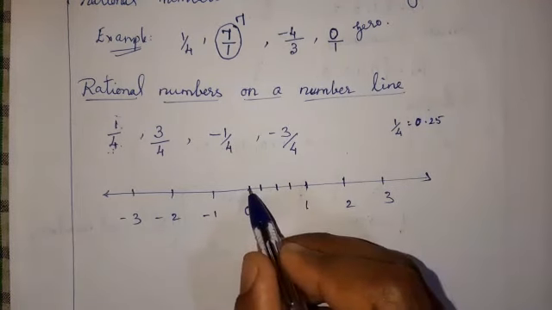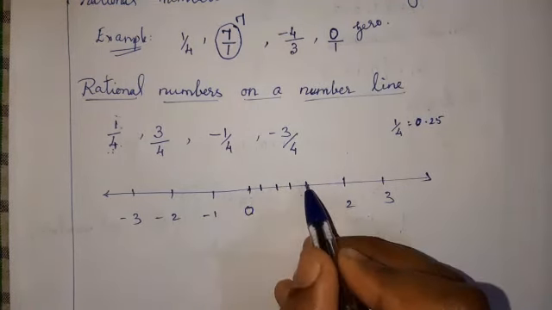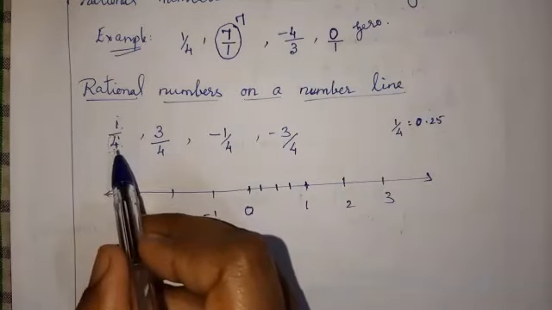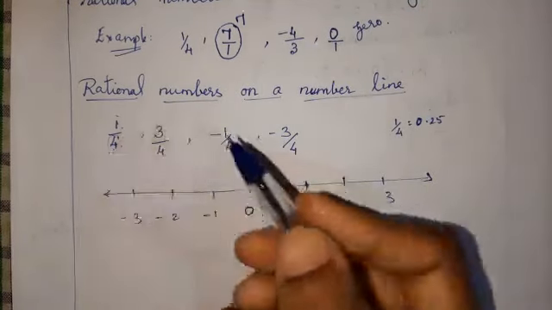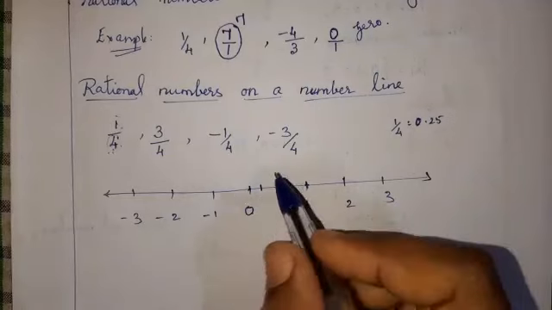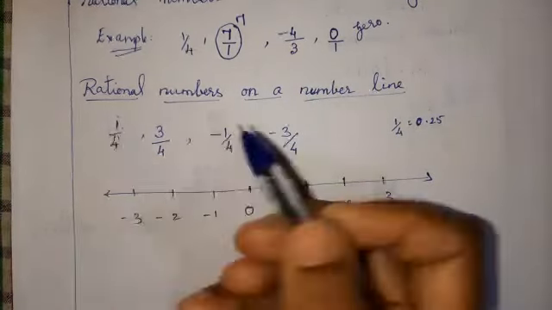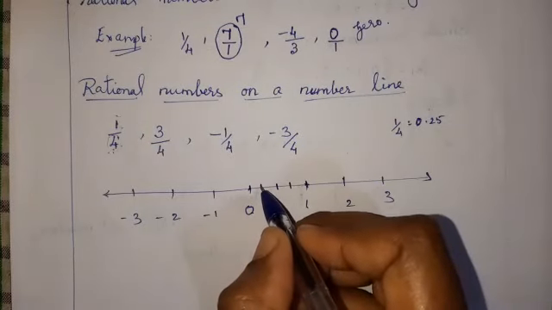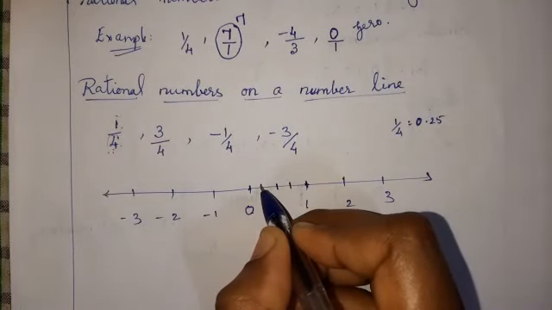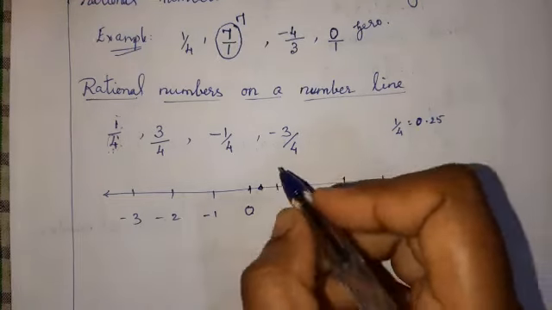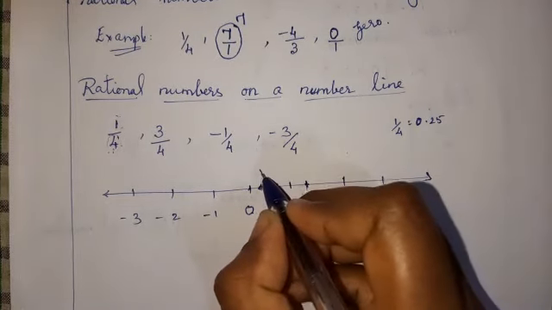You divide it into 4 parts because the denominator is 4. Now the numerator is 1, so take the first part. The point for this is 1 by 4.